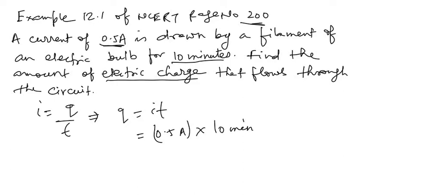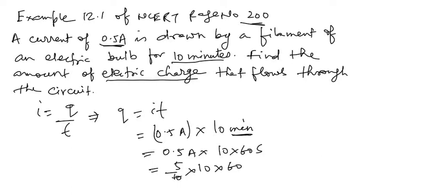We are required to change this 10 minutes into seconds. That will become 0.5 ampere into 10 into 60 seconds. Now this 10 will cancel with this 10, and we get the value of 300 coulomb.